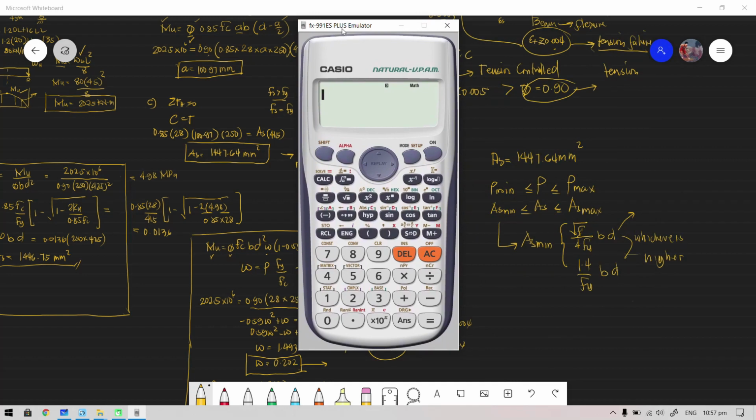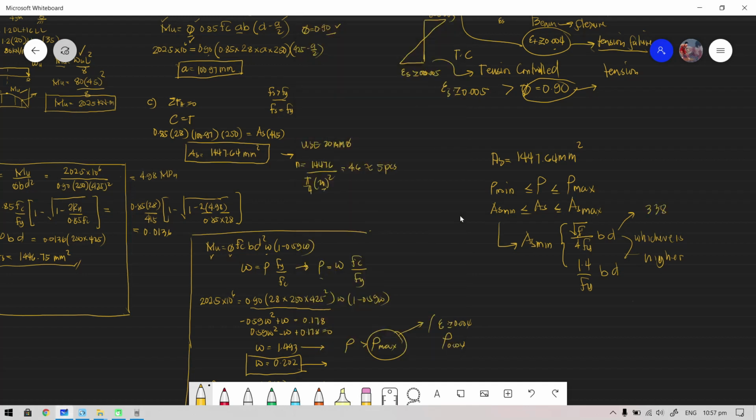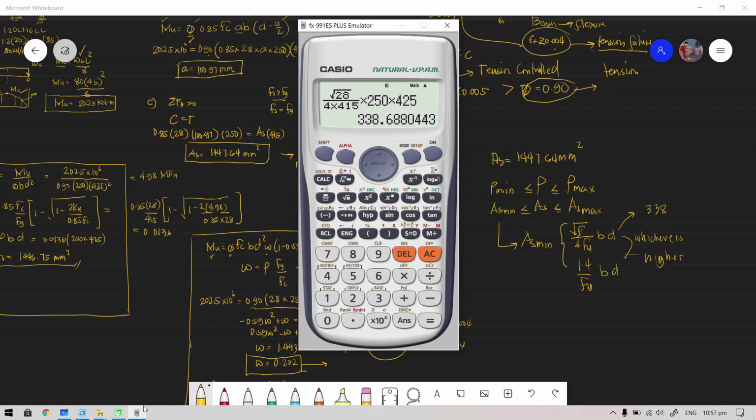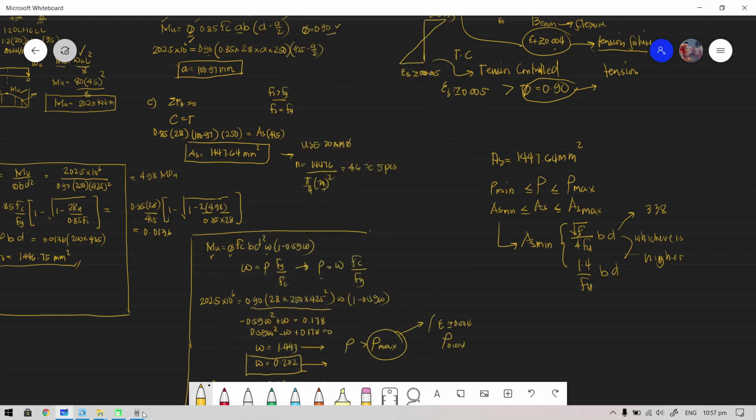Ito, gamitin natin to. Magiging F prime C, square root of 28 over 4 times 415. Ang B natin is 250 times 425. So, 338.7 mm squared.